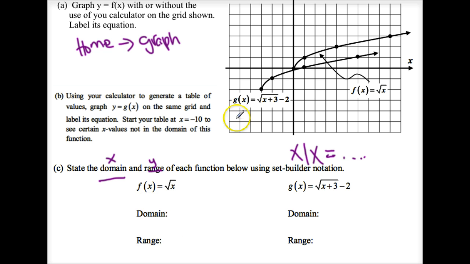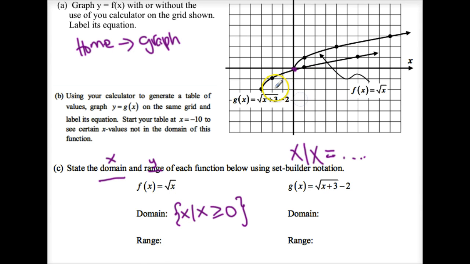So looking at this graph right here, my f of x graph, I can see that the domain is x such that x is greater than or equal to 0. It's greater than or equal to 0 because it starts at the origin and it goes on and on forever.